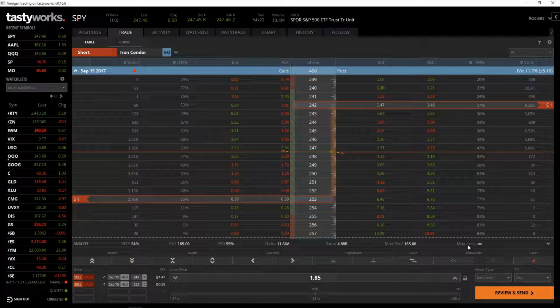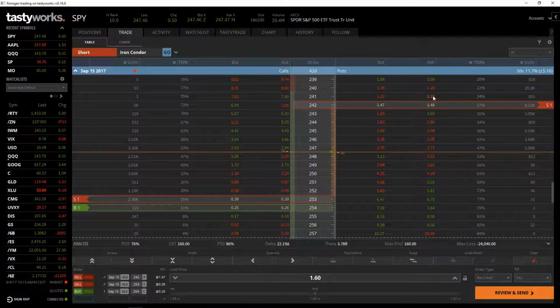And to create that, we just have to add two long positions on each side as a hedge against bigger moves. So we will just go one strike further out on each side, but you could theoretically go more than one strike out, but we'll just do that.